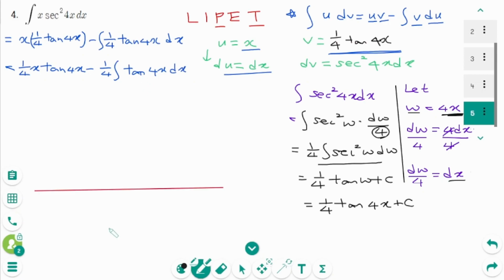We already know the formula. The integral of tangent x dx equals ln absolute value secant x plus c or minus ln absolute value cosine x plus c.